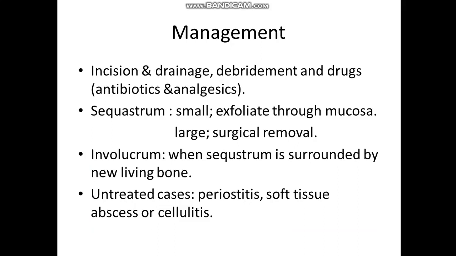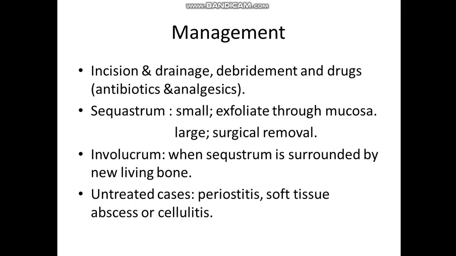Involucrum: the sequestrum is non-living bone. When it is surrounded by living bone, this is called involucrum, and there is some connective tissue actually separating the sequestrum and the involucrum.